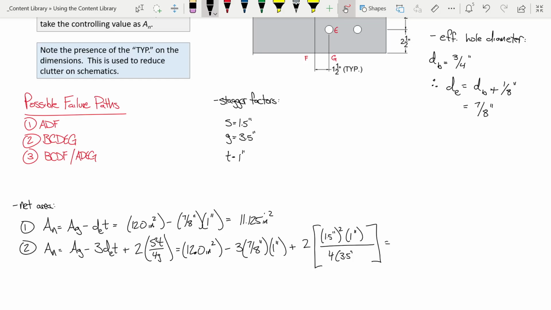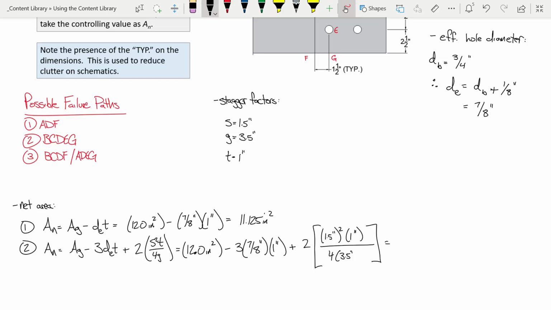I already hear the familiar sounds of Casio FX115 ES pluses or similar scientific calculators being broken out of bags and whatnot. Oh, I forgot a parenthesis.